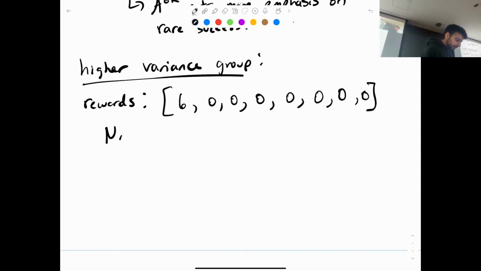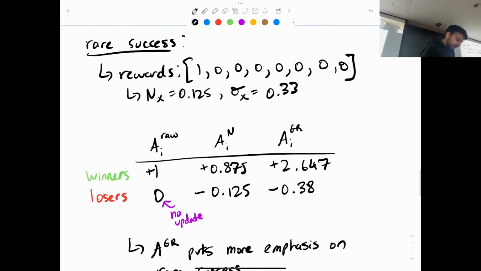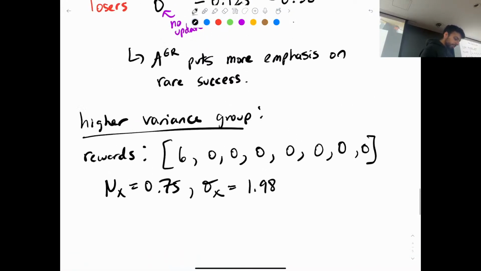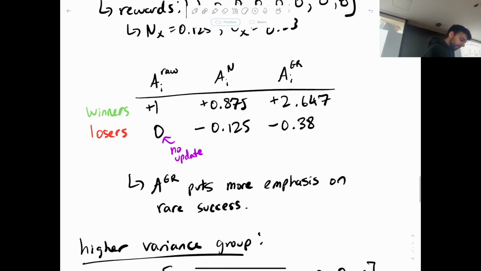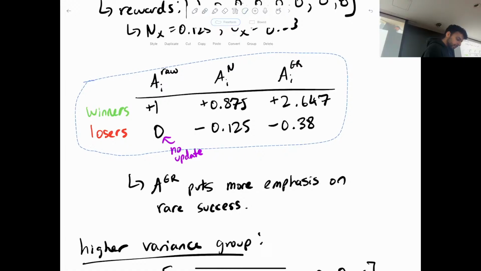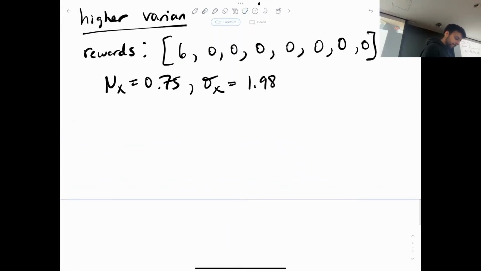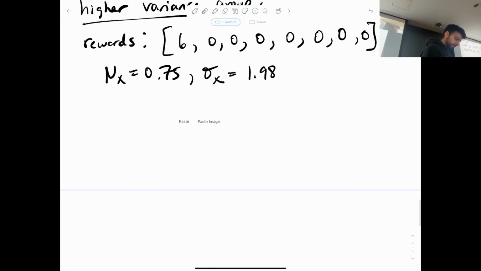So here, the mean of the group is 0.75, so it's a little higher than before. And our standard deviation has also increased to 1.98. So we can rewrite this table. All right, let's see if I can squeeze it onto here.